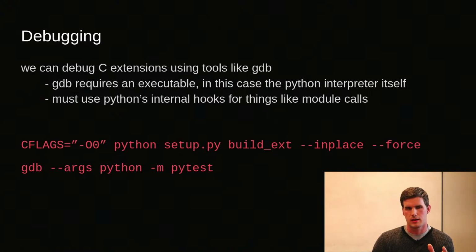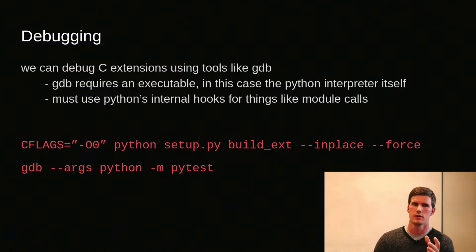But one of the things I've found when writing these C extensions is that the workflow pairs really well when you debug your C extensions using GDB. GDB requires an executable, which in this case is going to be the Python interpreter itself. So instead of using scripts that you can have loaded when you install Python, you need to call the module itself.